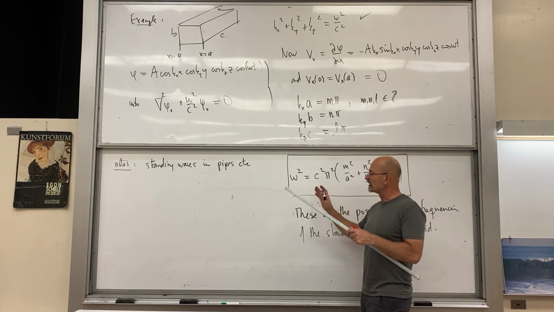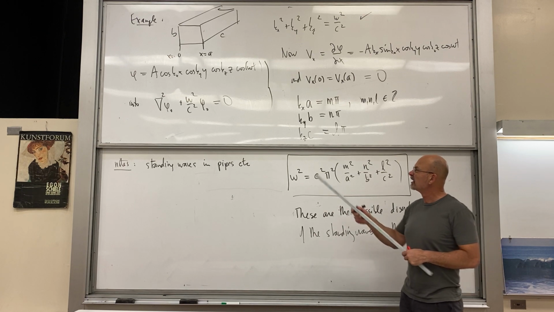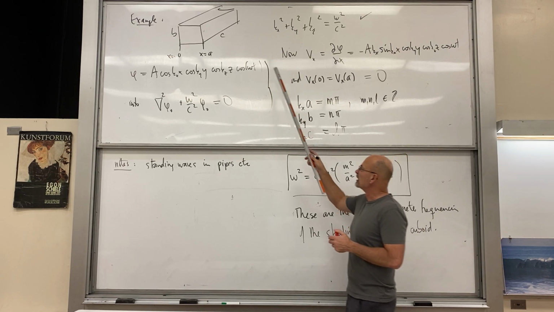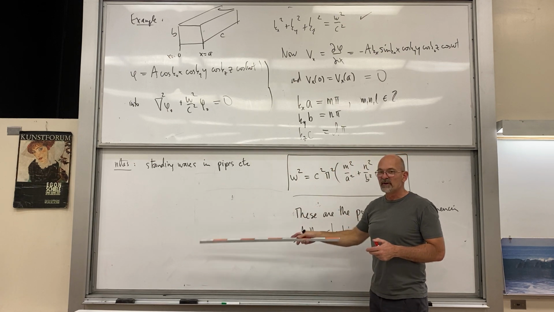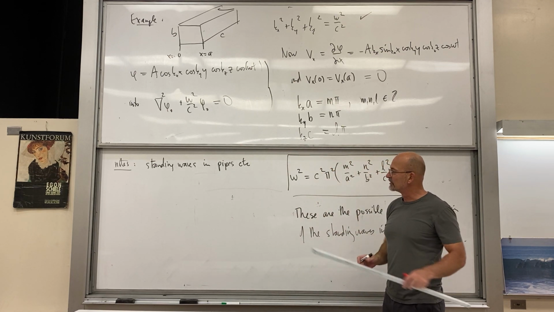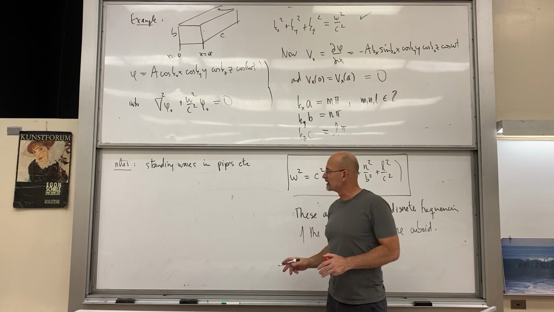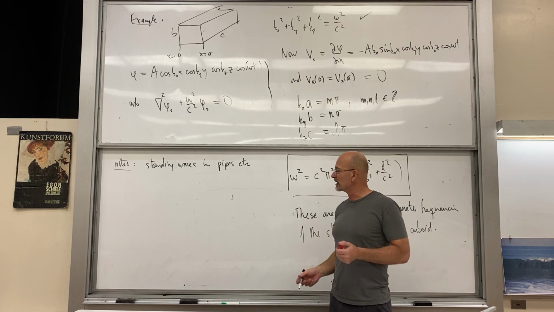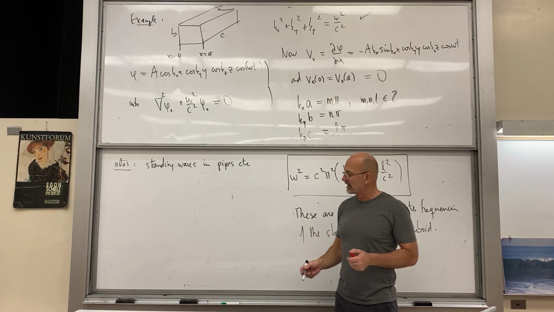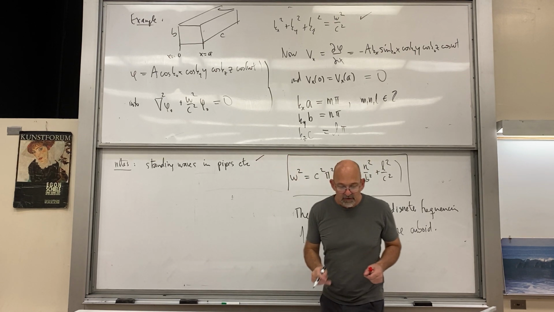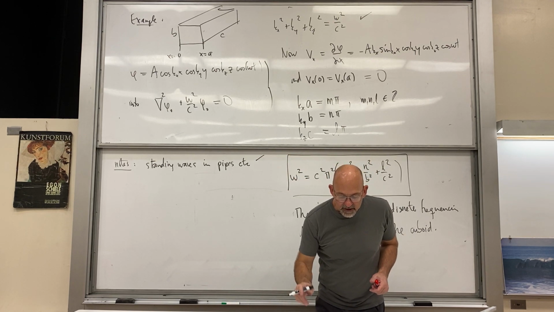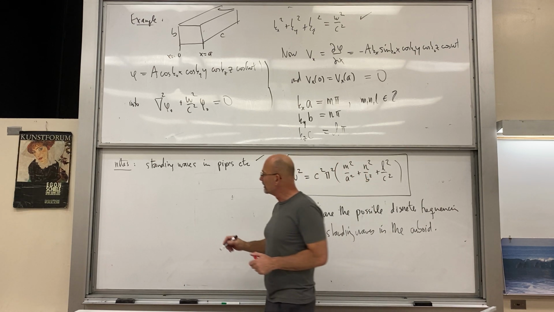But if you have a square cross section, a rectangular cross section, this would be one of those examples. Depending on whether they're open or not, you have different boundary conditions. And then you're talking about production of sound in musical instruments as an example.